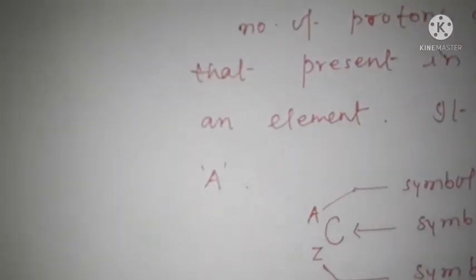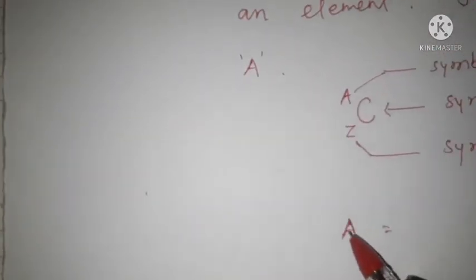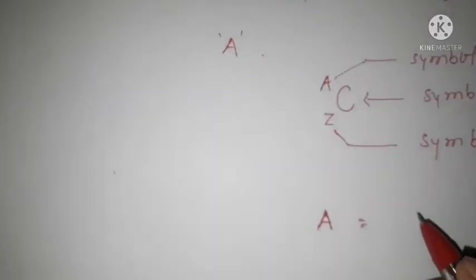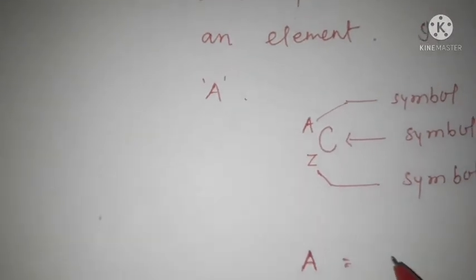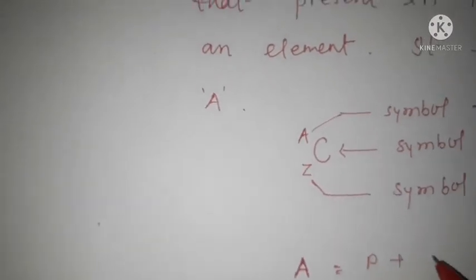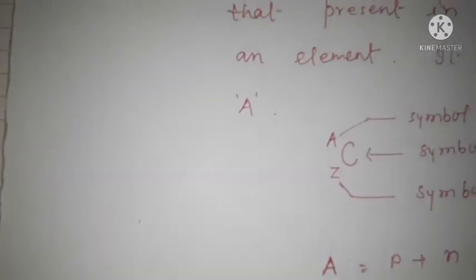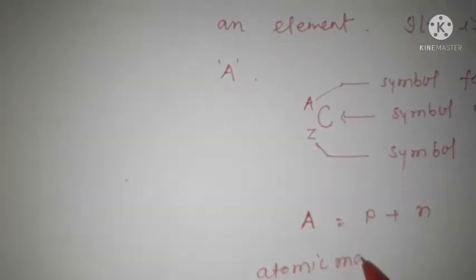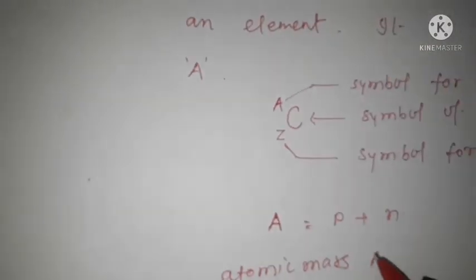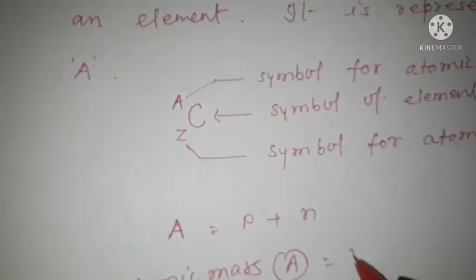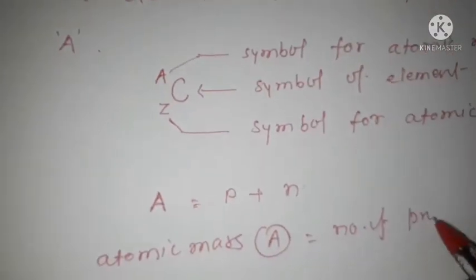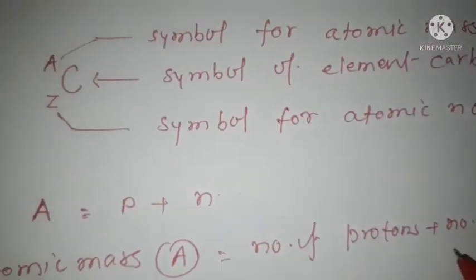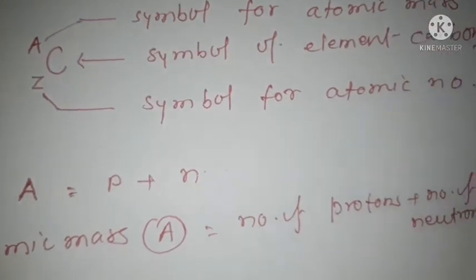We know that A represents the atomic mass, that means A is equal to protons plus neutrons. Atomic mass A is equal to number of protons plus number of neutrons.